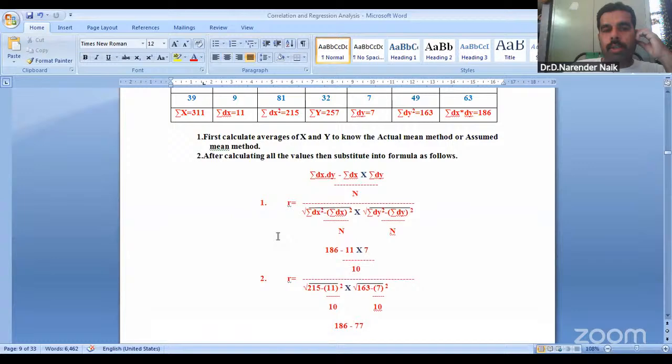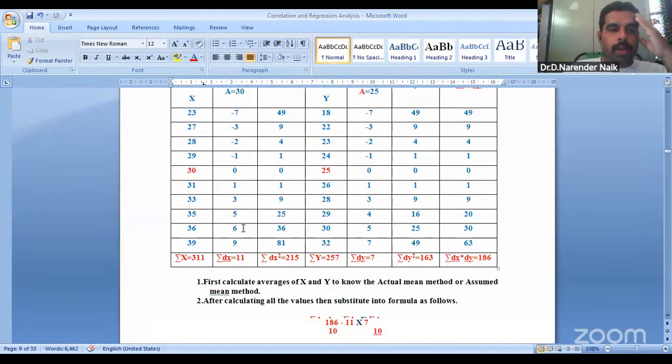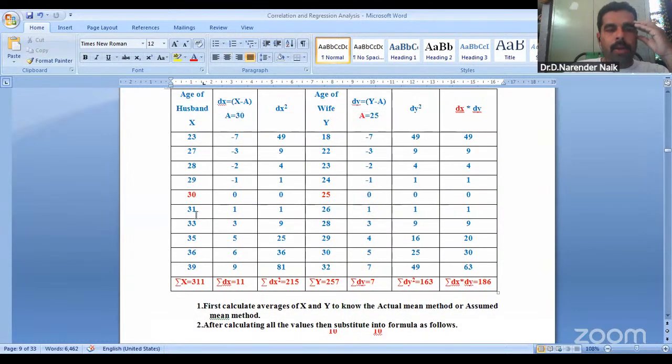Okay, so in this problem, the means are not given. So x bar is equal to 311 divided by 10, you observe carefully. That is 31.10, and for y 25.7. So we got the decimal values.